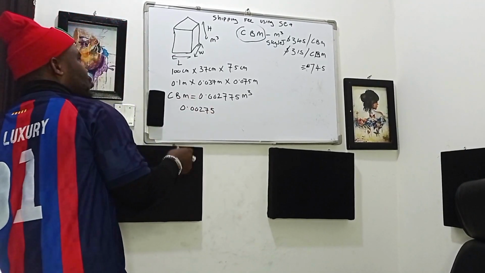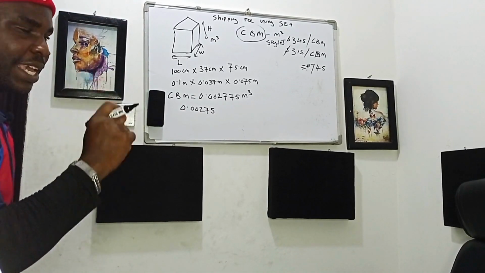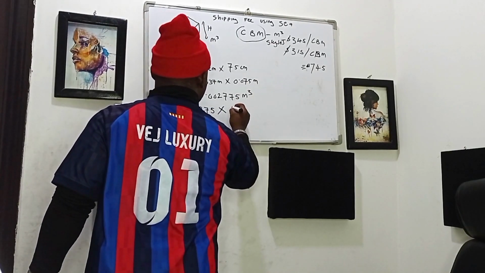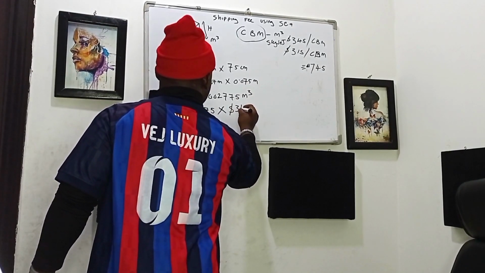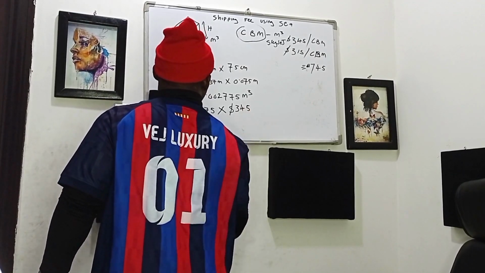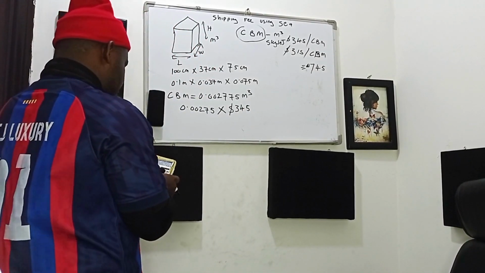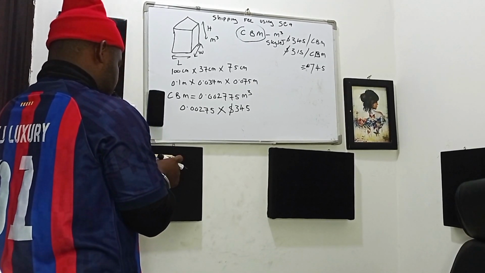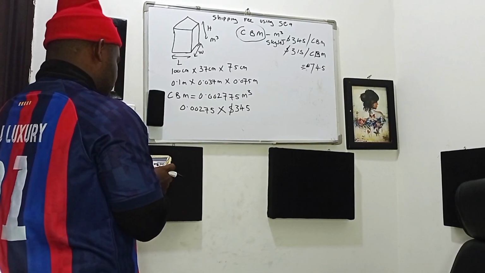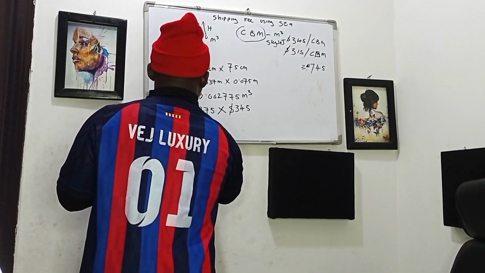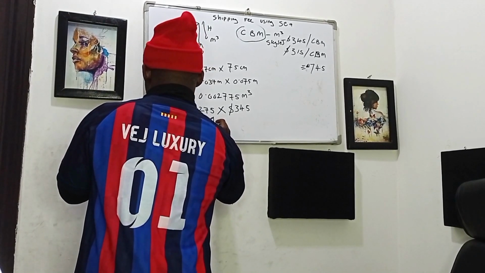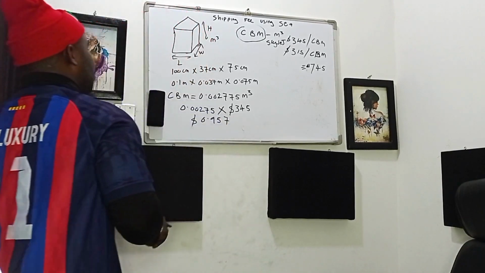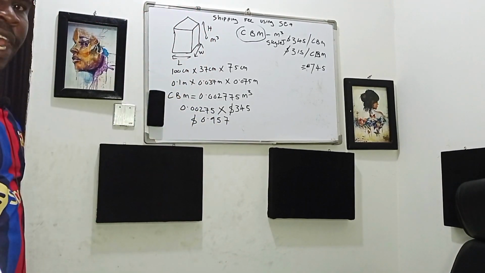Since it's not up to 1 CBM yet, you now have to multiply this by the freight amount, which is $345. If you multiply this by $345, it is going to give you $0.957. So that is what you're going to pay for this small item right here.